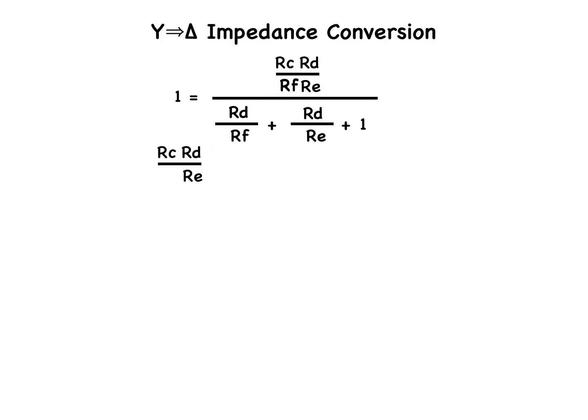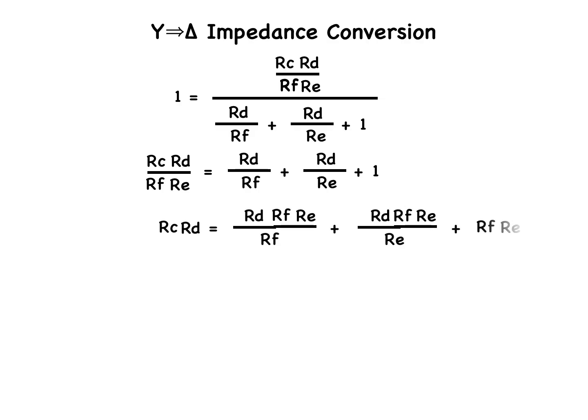Including cross multiplying, which puts the numerator of a larger fraction on one side of the equation and the denominator on the other. We then again cross, which is the same as multiplying both sides of the equation by RF times RE. And the equation becomes this.